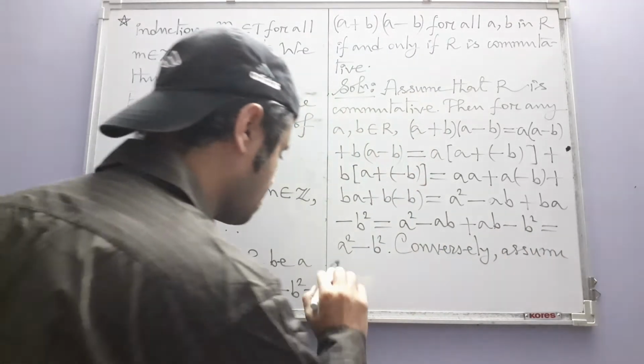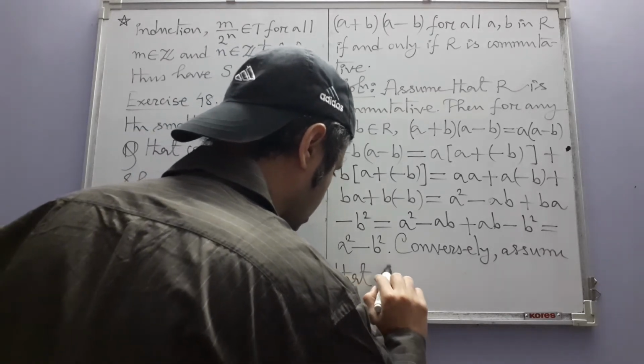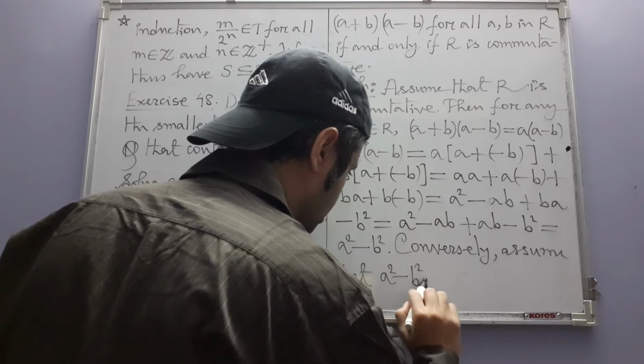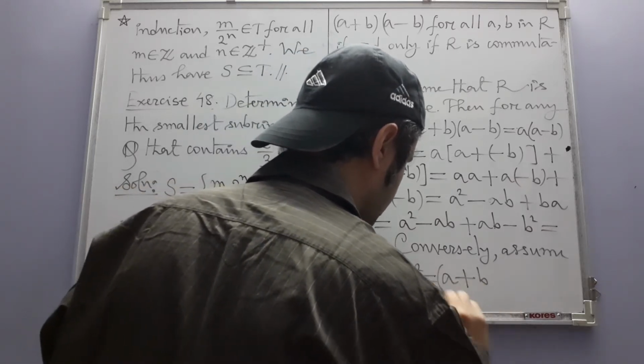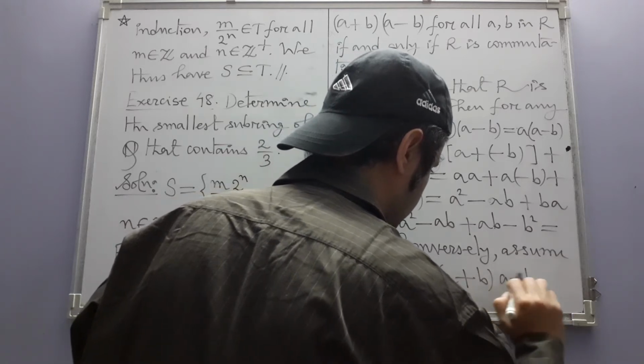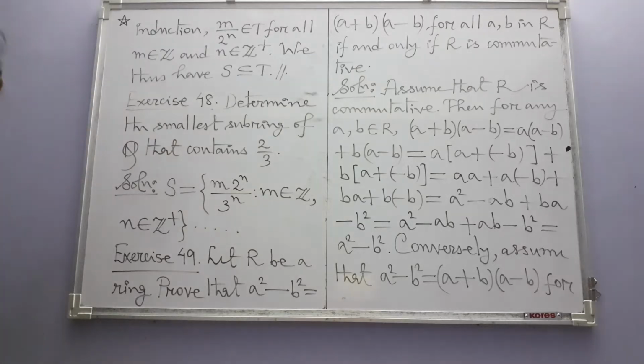assume that a square minus b square equals a plus b times a minus b for all elements a and b in the ring.